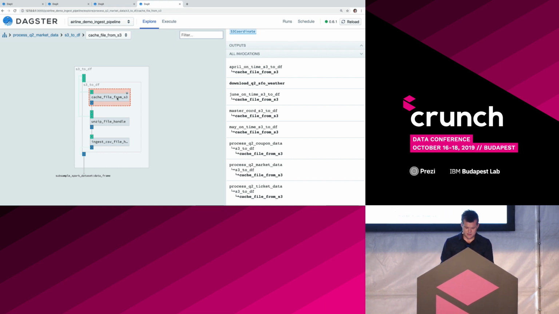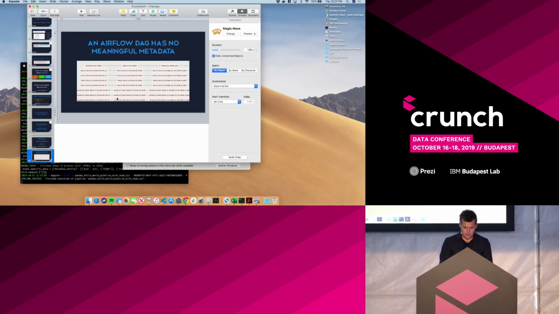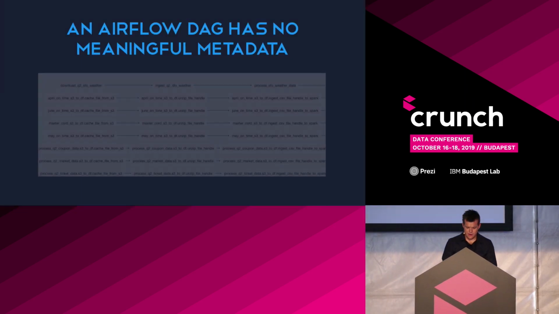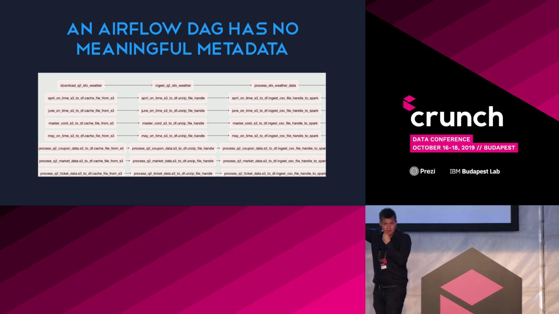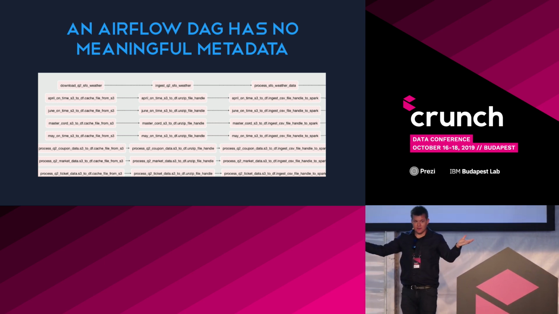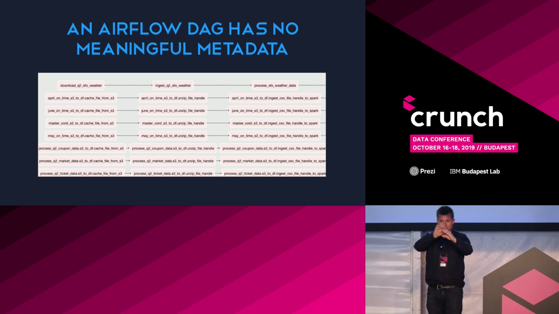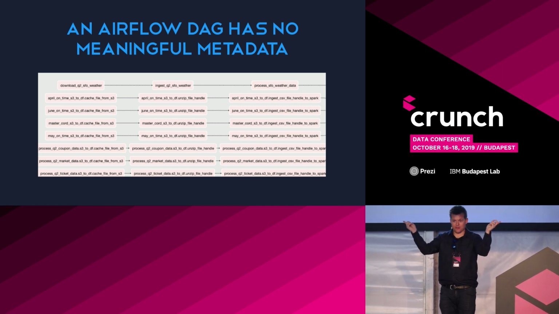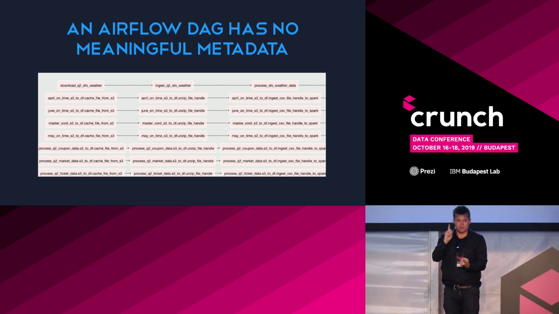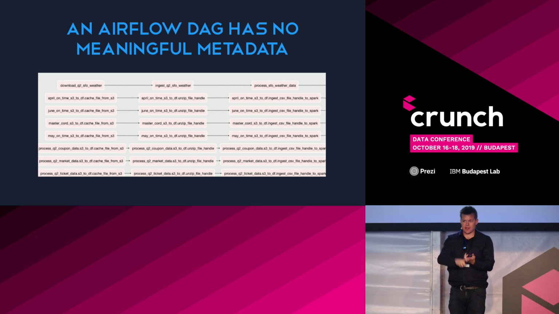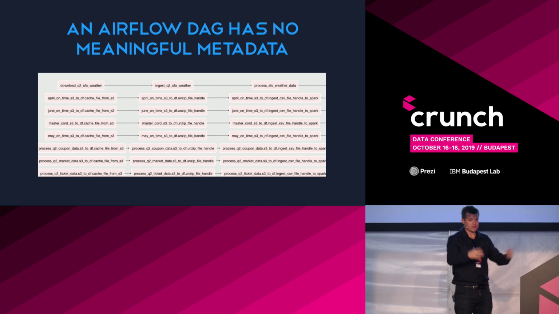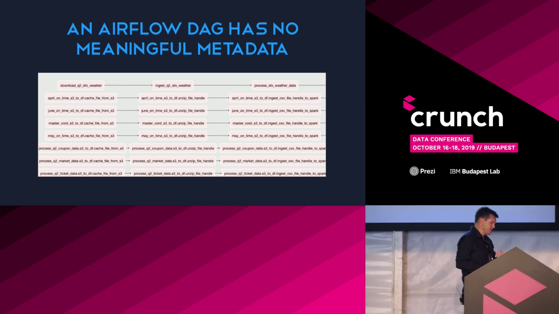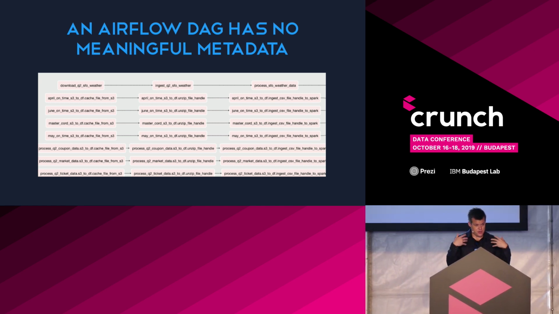So with this metadata, if you compare this to an Airflow DAG, this is what the Airflow DAG looks like in the UI, right? All it is is circles with a label, and then arrows between them. Tasks, and then the execution order of those tasks. That's it. That's all the metadata that the user gets just to view it and understand it.